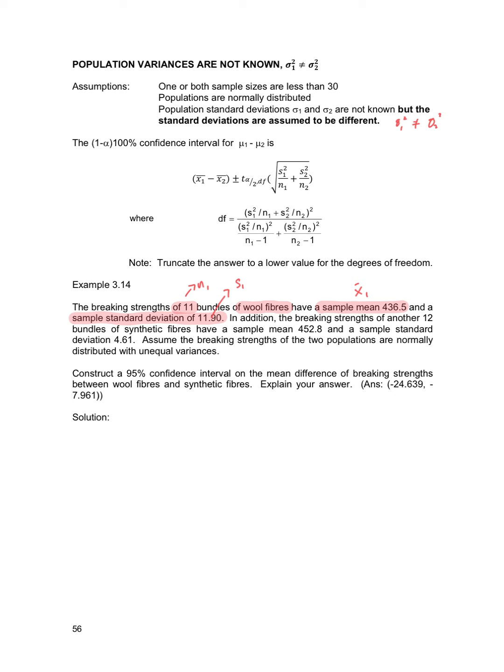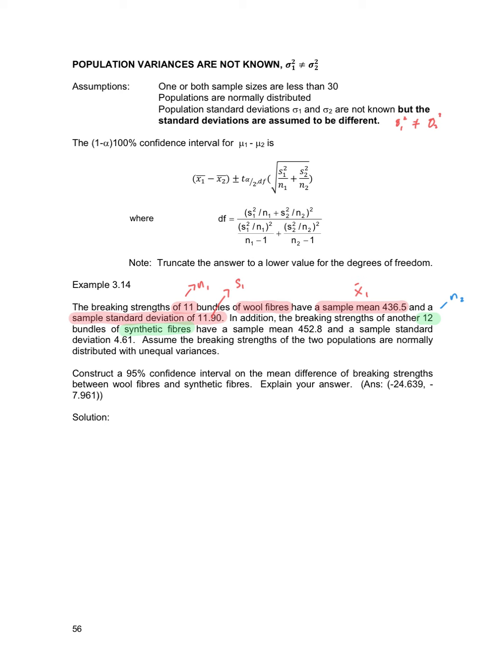Now we have another population, referring to the synthetic fiber. We have n equals 12, this is n2.